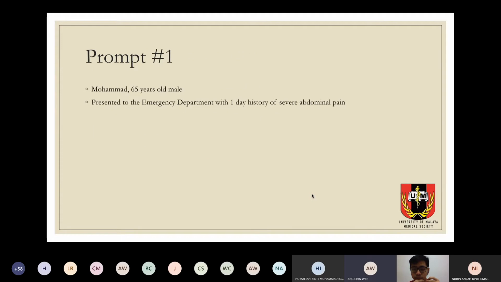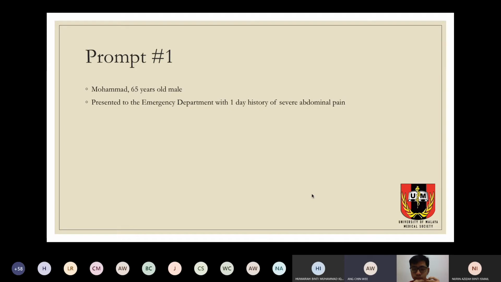When you graduate as a clinician, whether you're a houseman or an MO or a specialist, that first prompt is very, very important. So you have to act as a detective. When you have that first prompt of a man, that age group, with a very simple presentation of symptoms, straight away you have to already have a list in your mind.